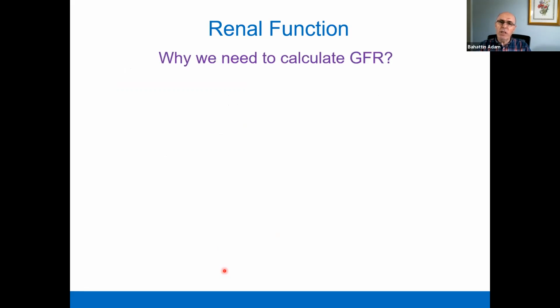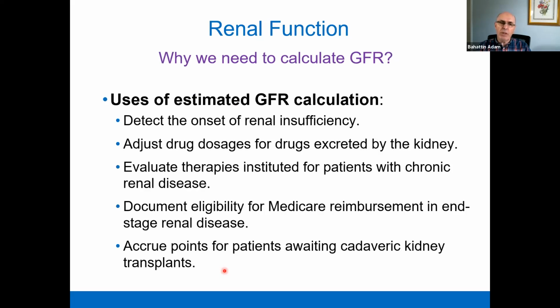Okay, why do we need to calculate glomerular filtration rates? We have many reasons for that. To detect the onset of renal insufficiency, and to adjust drug dosage for drugs excreted by the kidney. If you use a medication for a patient, you sometimes have to take into account the function of the kidneys.